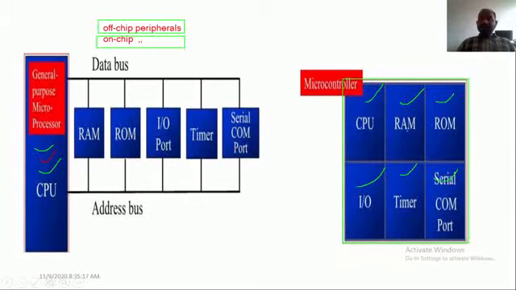All these, RAM, ROM, memory devices and the input ports, are peripherals, but they are integrated as a part of the microprocessor IC. So that's why these peripherals are called on-chip peripherals.